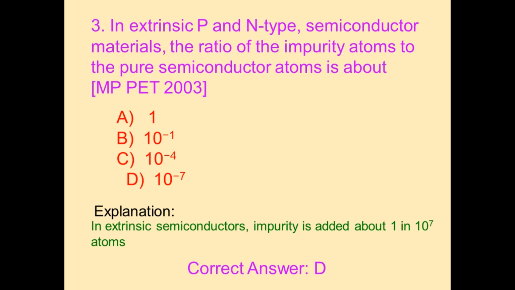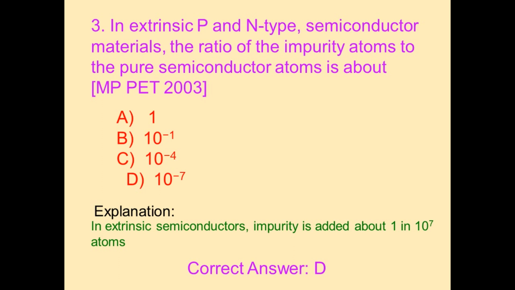Next problem, third one. In extrinsic P and N-type semiconductor materials, the ratio of the impurity atoms to the pure semiconductor atoms is about. In the explanation, I told you that the impurities are added to a pure semiconductor in the ratio of about 1 in 10 power 7 atoms.